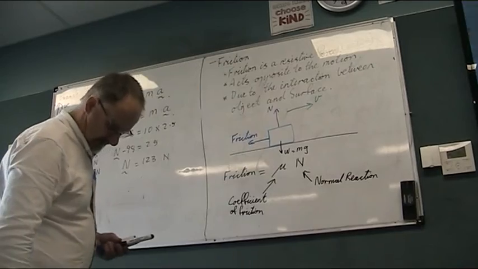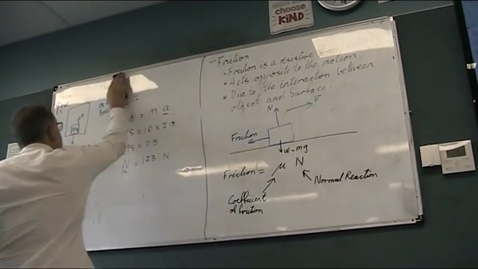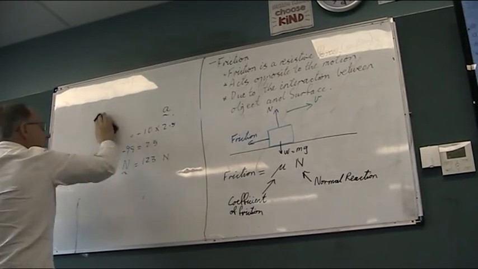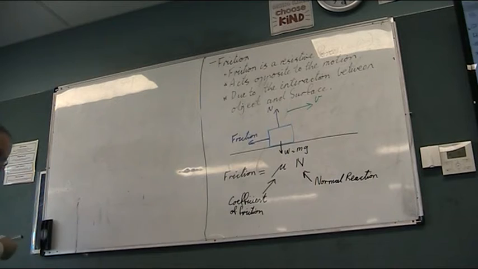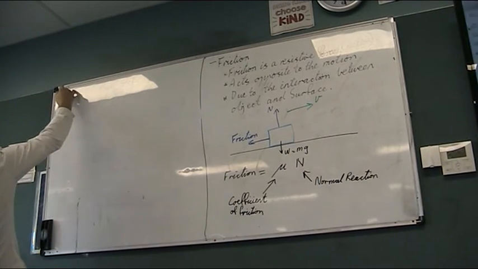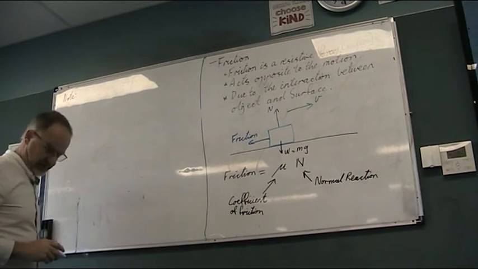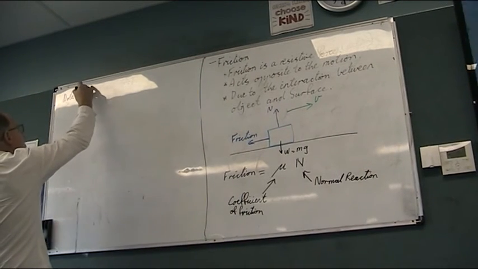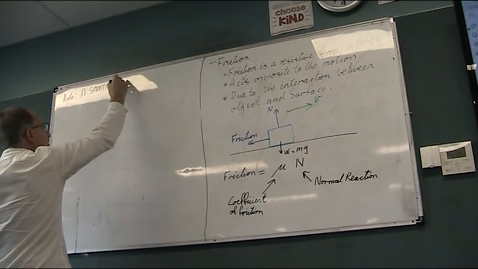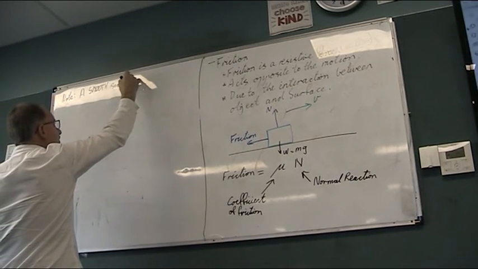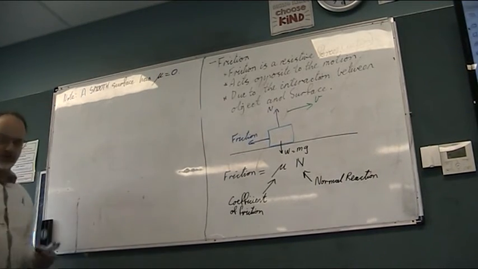One last note before we do an example is that something that is considered to be a smooth surface, so if you read smooth in any of the questions, a smooth surface has coefficient of friction equal to 0.